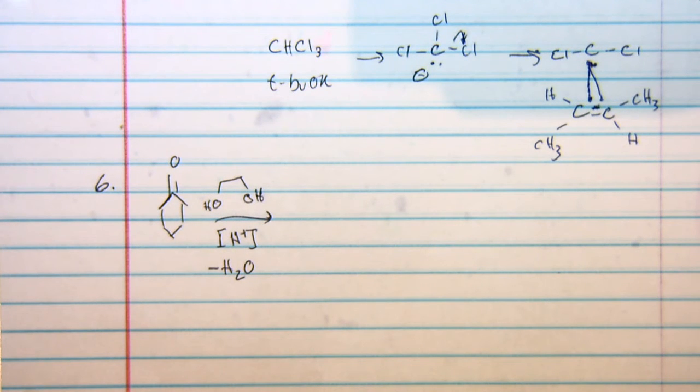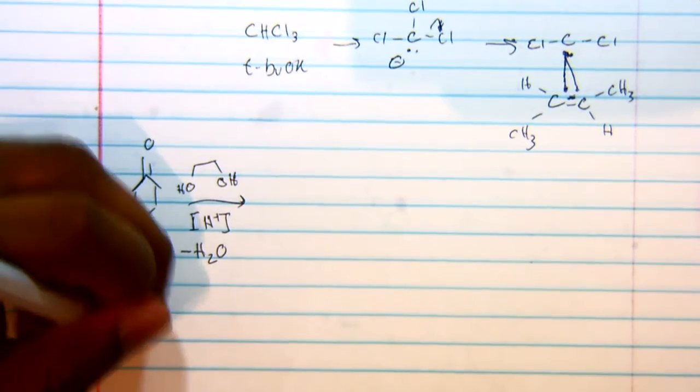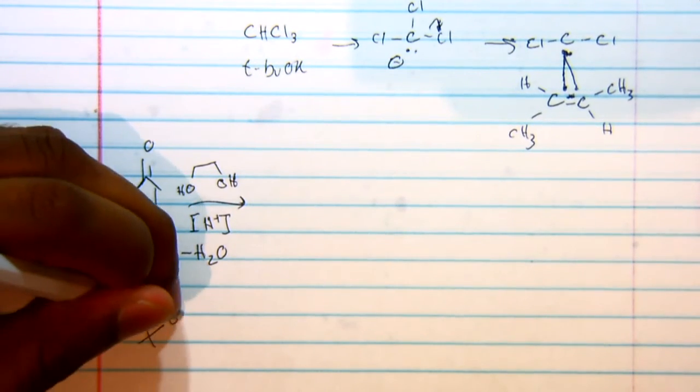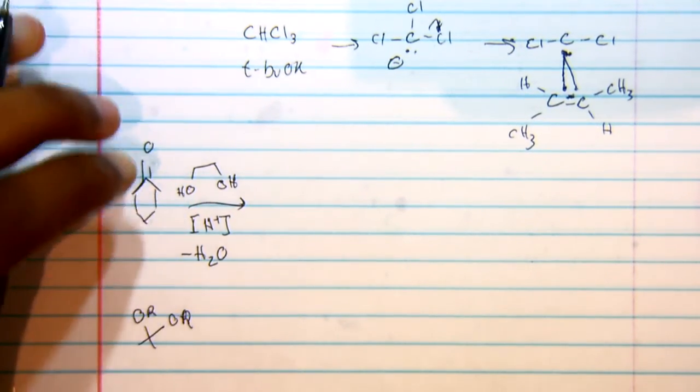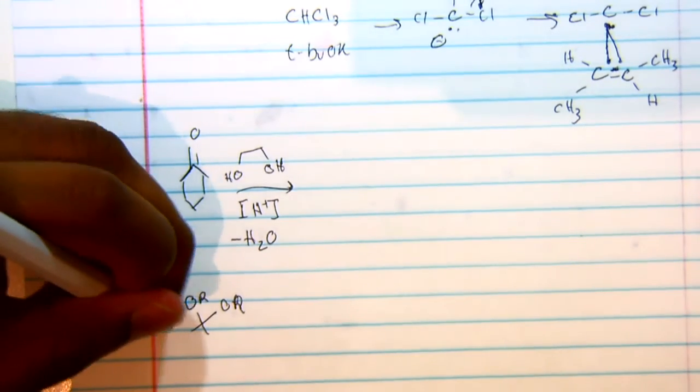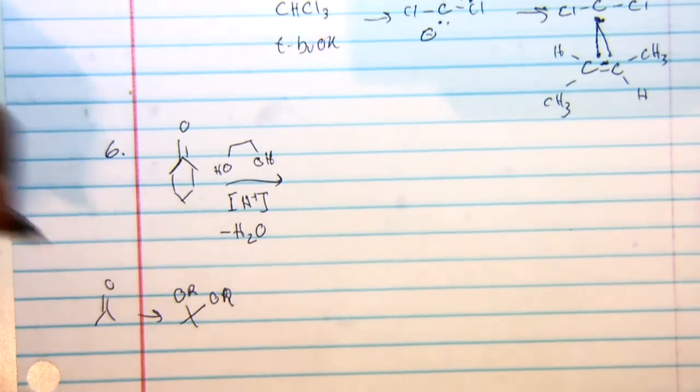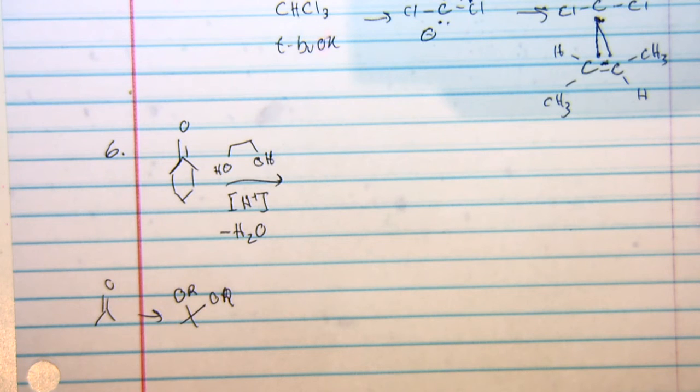Kind of. This is the one that forms an acetal. Do you guys remember that? The acetal group would be like the OR groups from a ketone. Does that ring a bell?